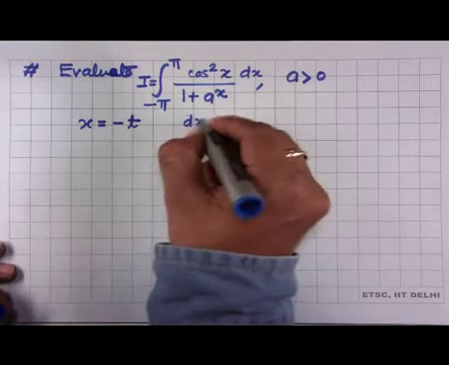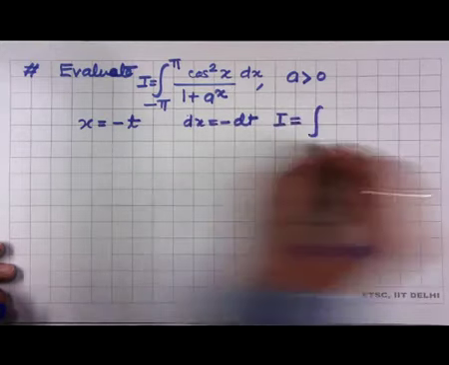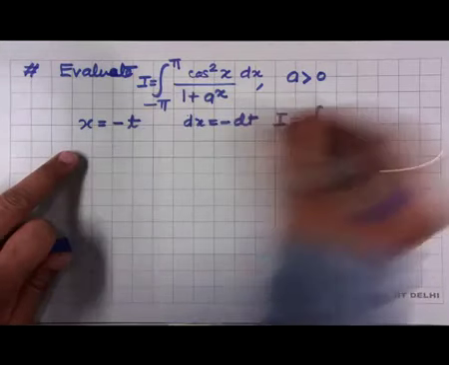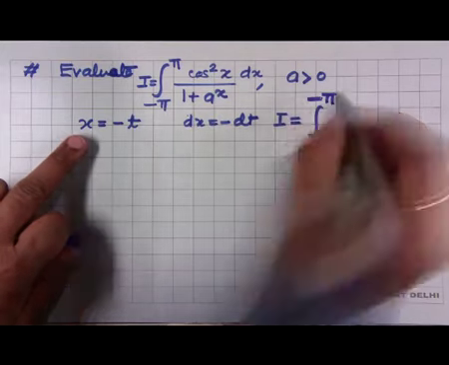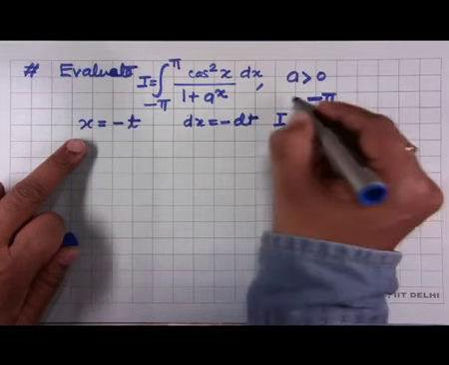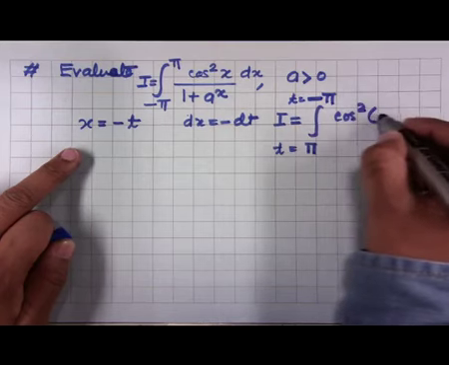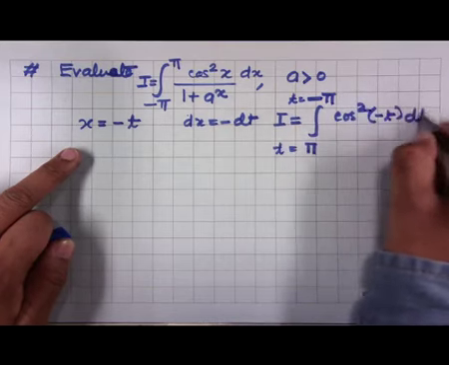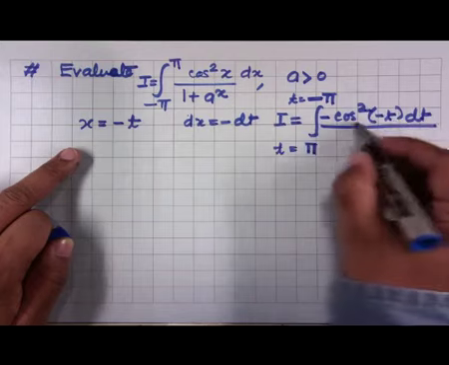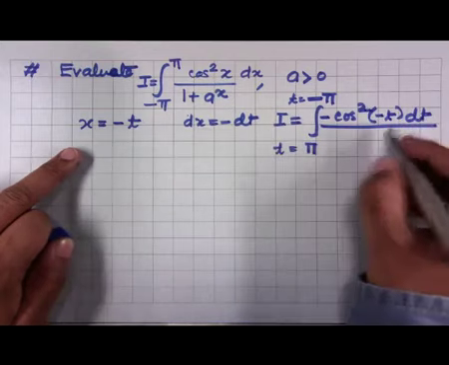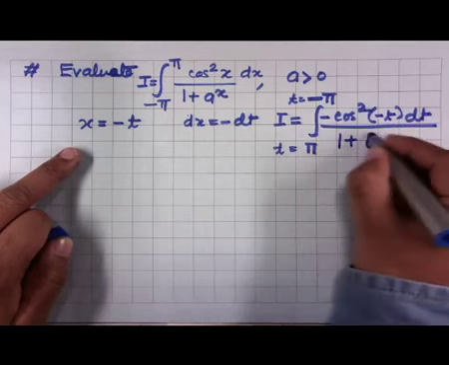If x is minus t, then dx is minus dt, and the limits: at minus pi it will be pi, and at pi it will be minus pi. So these are the new limits once you change the variable, and you get cos square of minus t dt with a minus sign, since dx is minus dt, over 1 plus a to the power minus t.